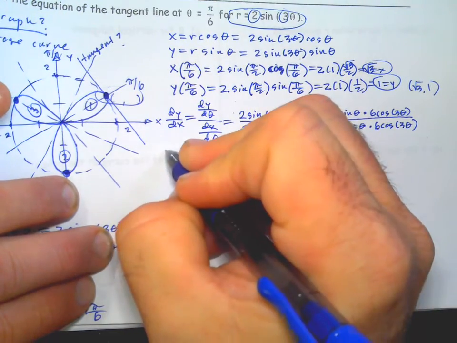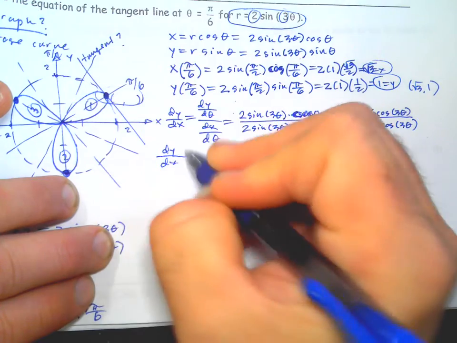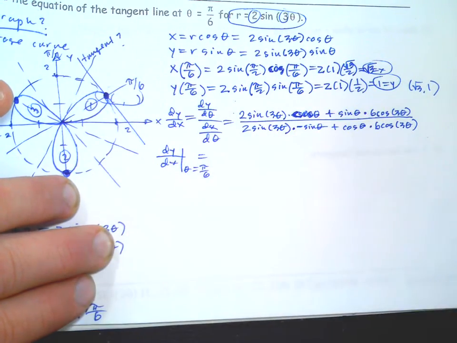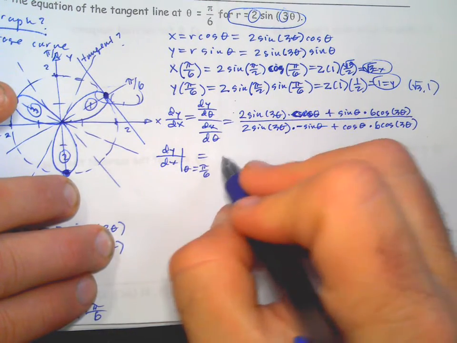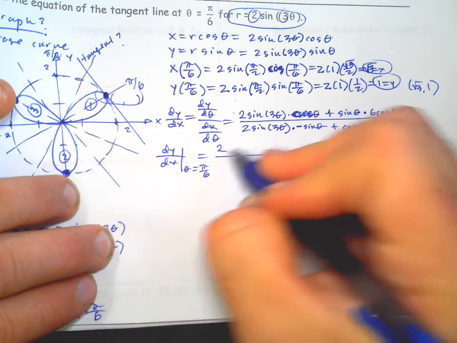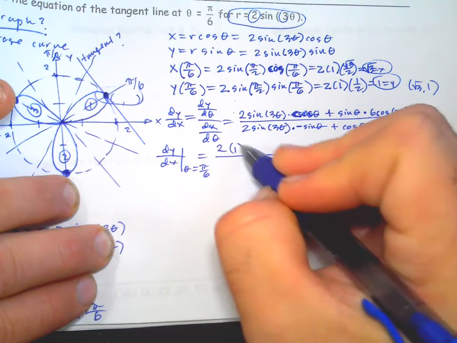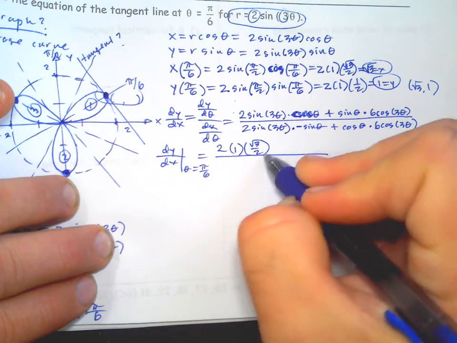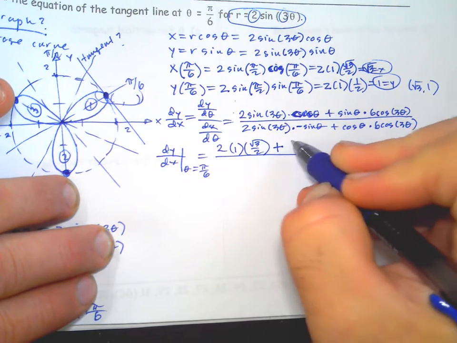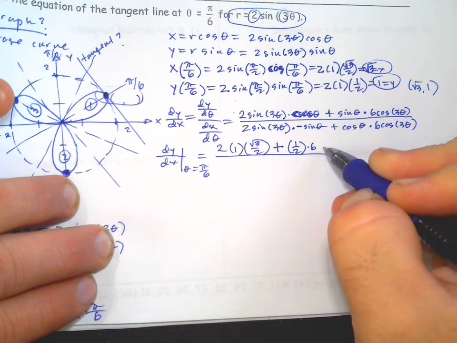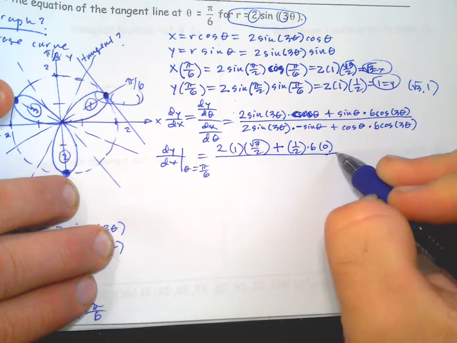Okay, and then we're going to plug theta equals pi over 6 into here. I might try and do a bit of that in my head. So that's going to be sine of pi over 2, which is 1, cosine of pi over 6, which is root 3 over 2, plus sine of pi over 6 is 1/2, and cosine of pi over 2 is 0.